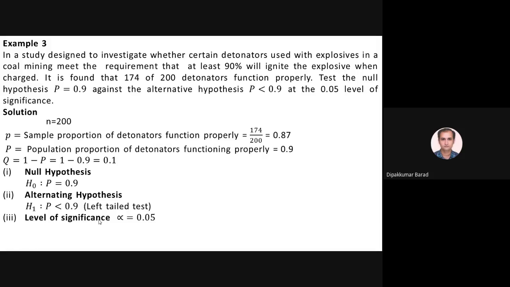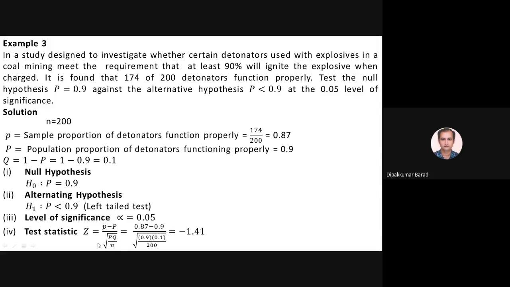Now the level of significance alpha is equal to 0.05. The test statistic is small p minus capital P upon under root capital P Q by n. Small p we have is 0.87. We have already found capital P 0.9, capital Q 0.1, and n equal to 200.